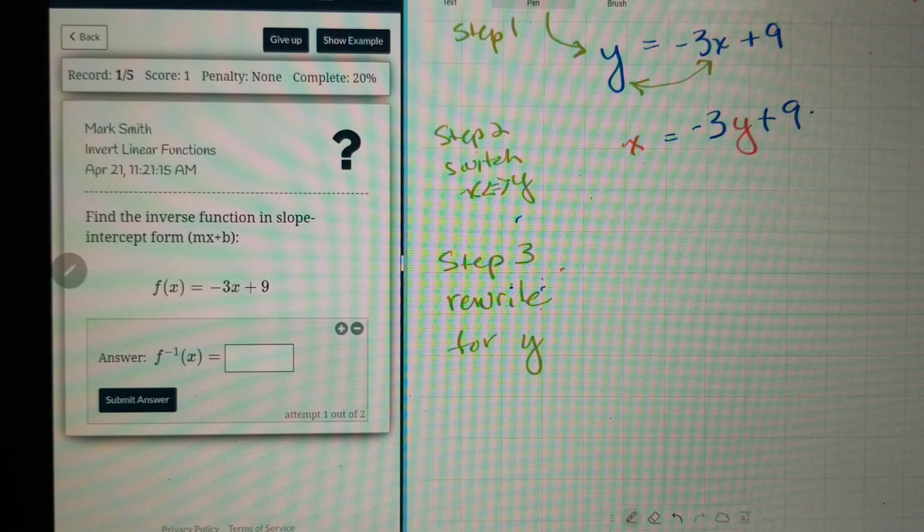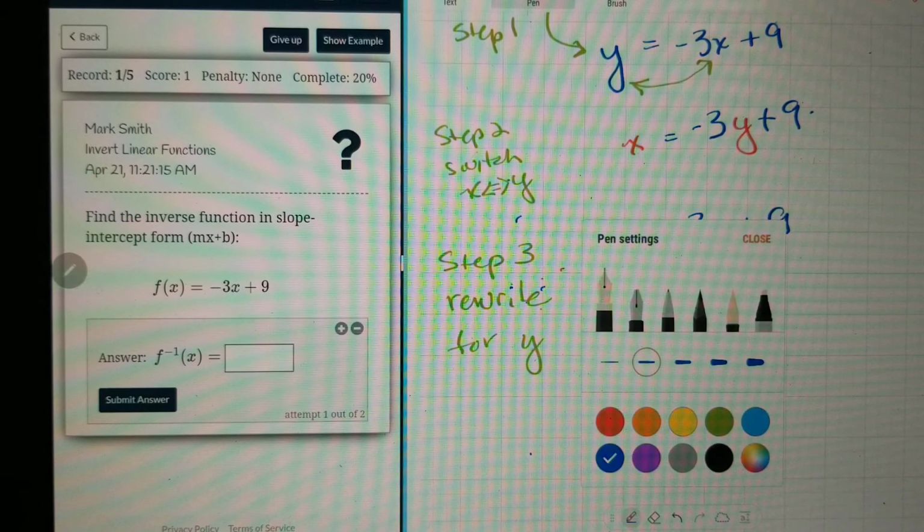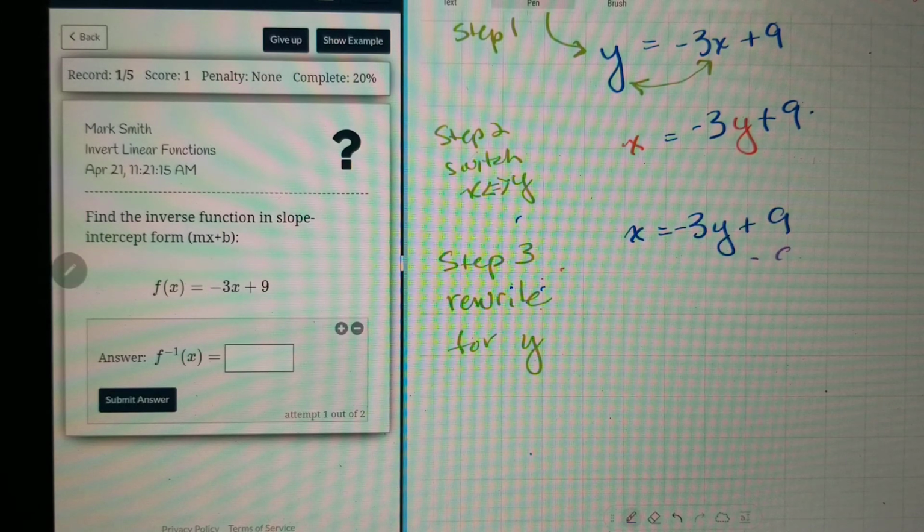I mean, that's very messy, so let's do it. x equals -3y plus 9. The first thing we're going to do is subtract 9 from each side. That's going to give us x minus 9 on this side, and it's going to give us negative 3y on that side. That goes away.